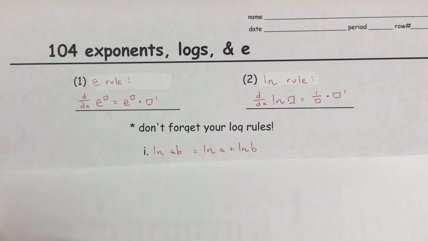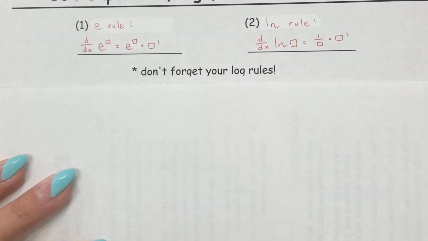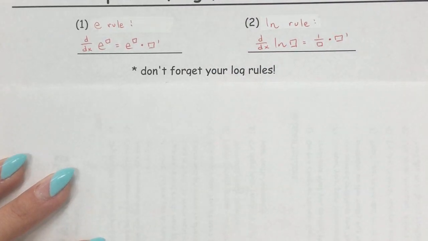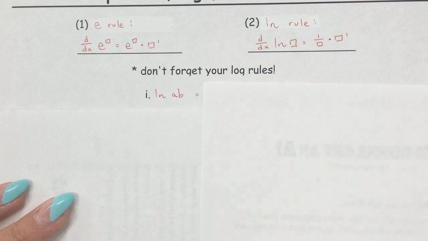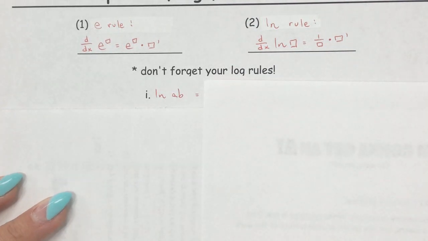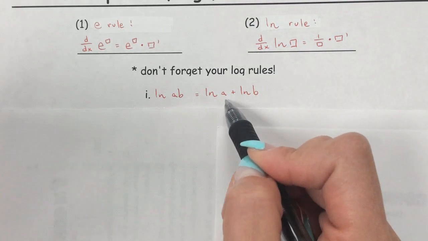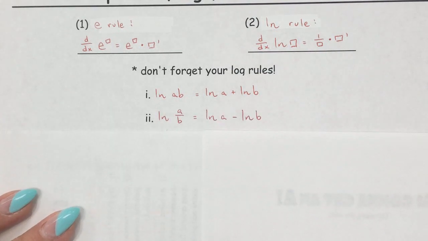One thing to remember is your log rules. It's been a little while, but we did do this year also. So don't forget about your log rules. When you have ln of AB, how can you change that? Well, you can expand it, and it becomes ln A plus ln B. Same with division and subtraction.